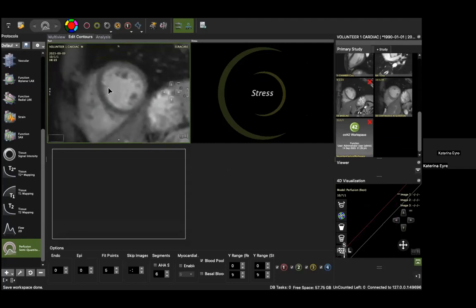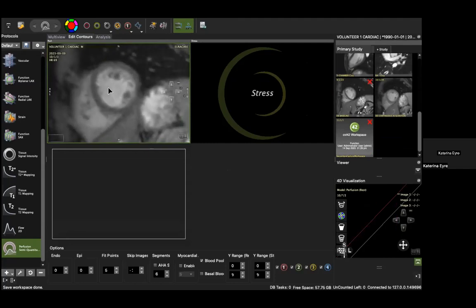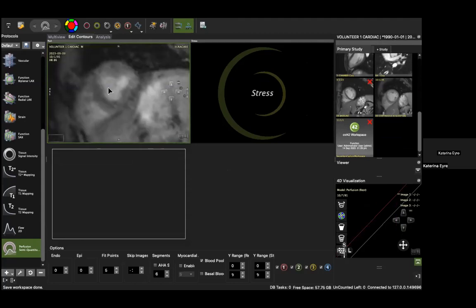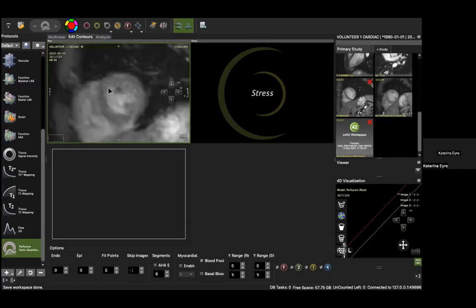So I'm going to do the same thing I just did. I'm going through free breathing. This is hyperventilation. And then I'm going to get to the breath hold. Now, just some physiology, right after the breath hold, when they're doing the hyperventilation, the vasculature starts to constrict.